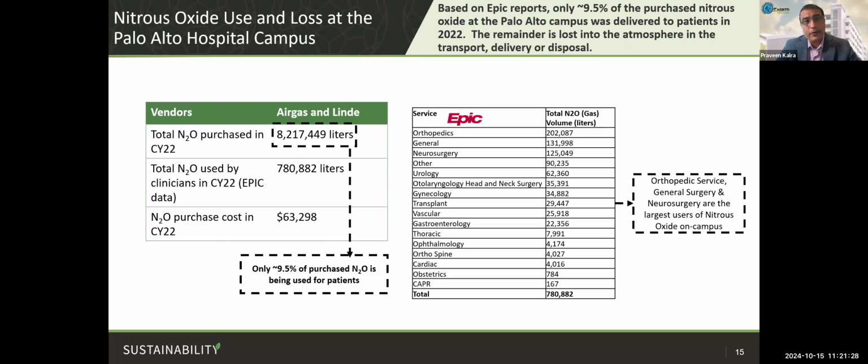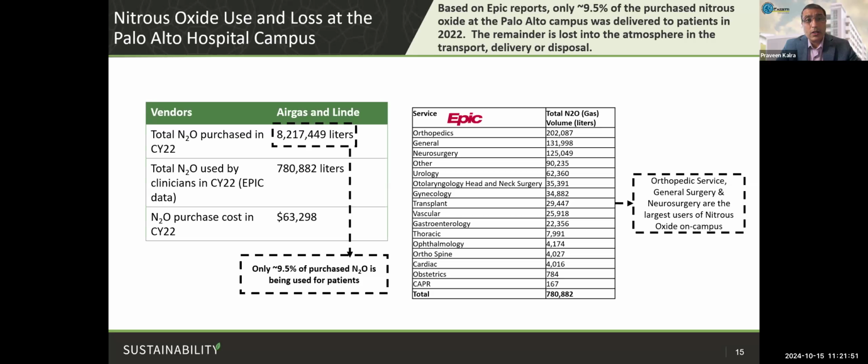This proved the first fact of the equation: yes, we are using less than 10% of nitrous oxide in our patient care. More than 90% is leaking from the system, thus proving that the pilots done at other hospitals are indeed true, and the results are verified in our setup as well. Nitrous oxide is a very cheap anesthetic gas.